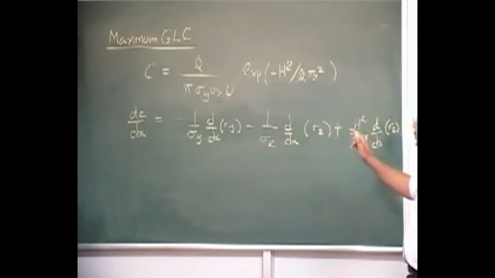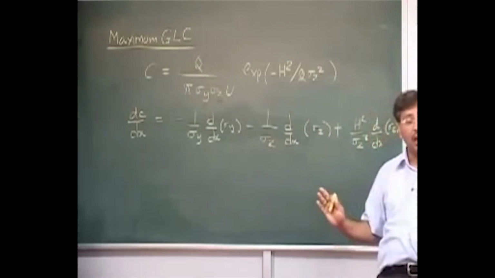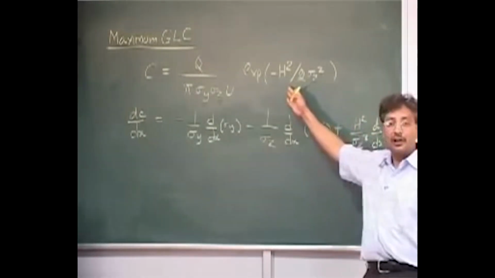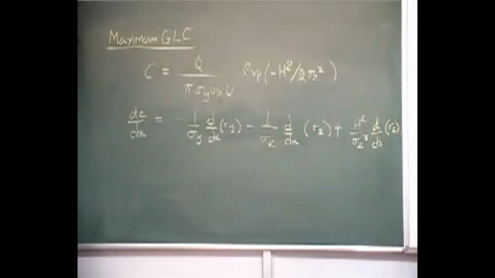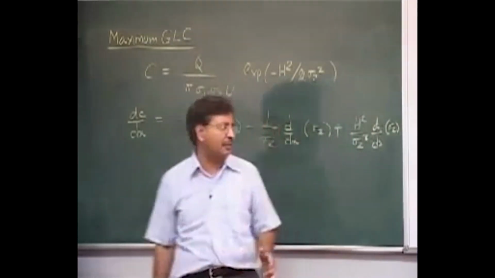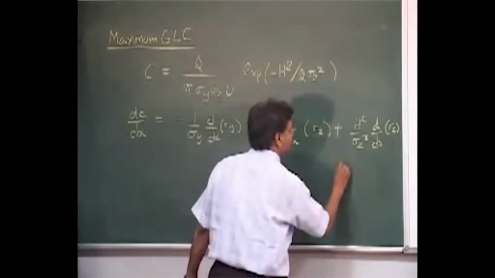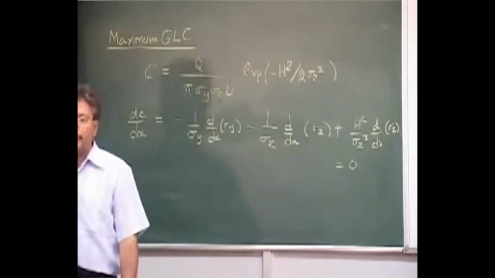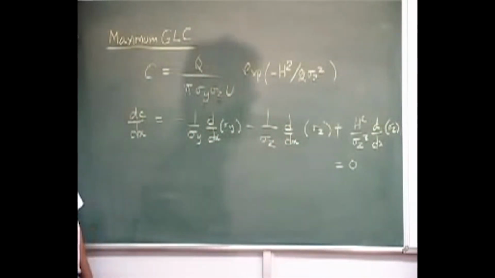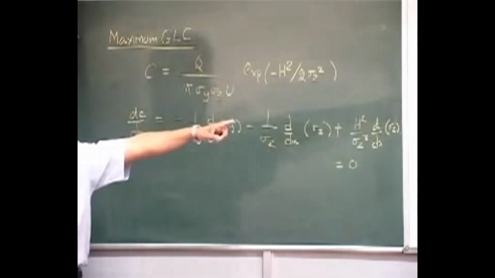And for simplicity, I can write another expression for dH also, if I take h as a function of x. But just for simplicity, let us not get into those sophistications for the time being, and I can put this equal to 0 to find the maximum.